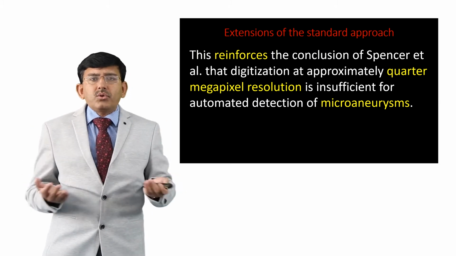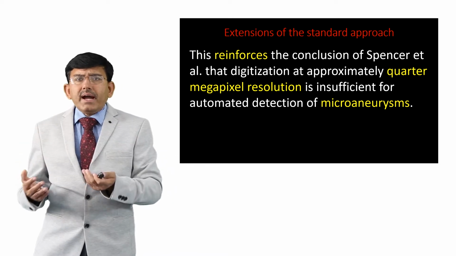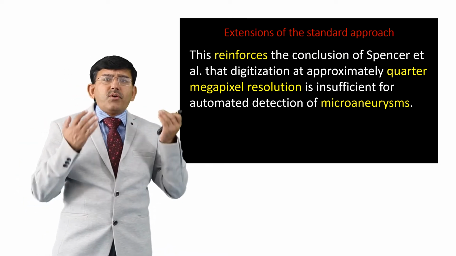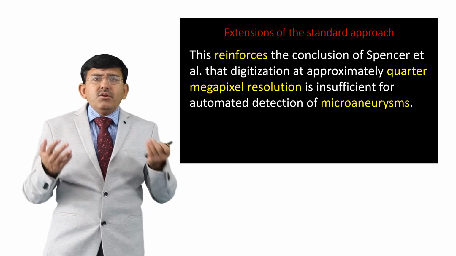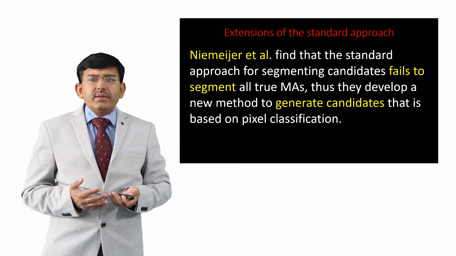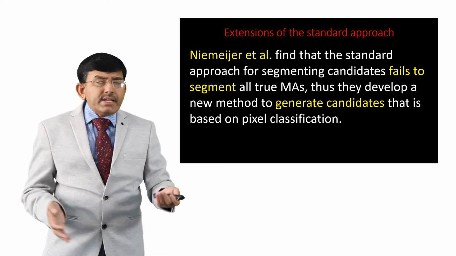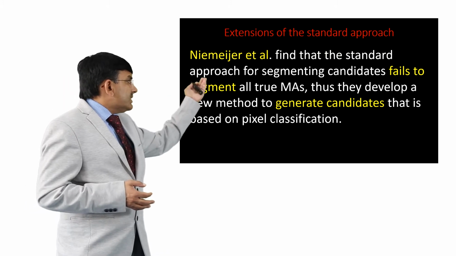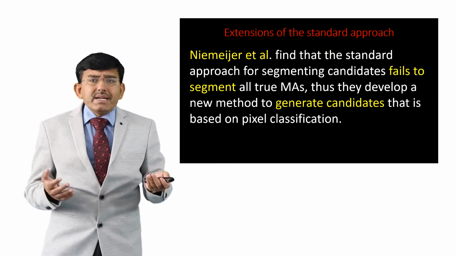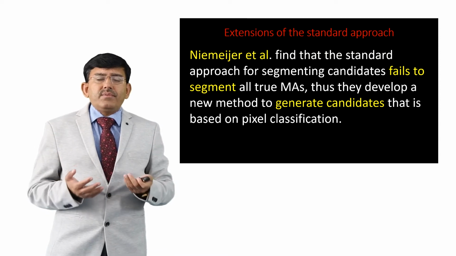Niemeijer and his group find that the standard approach for segmenting candidates fails to segment all true microaneurysm. Thus, they developed a new method to generate all such required candidates, that is based on pixel classification.